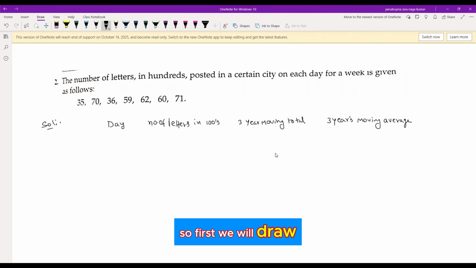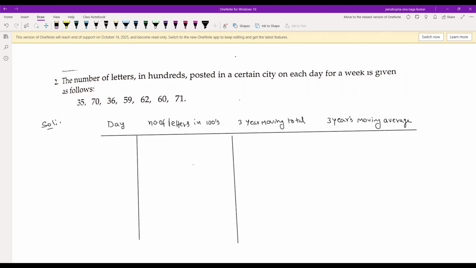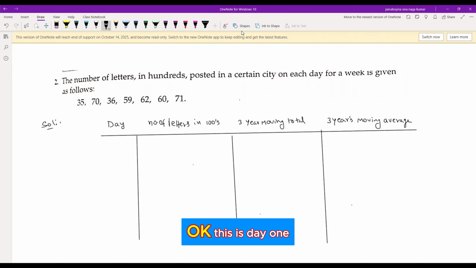So first we will write day 1. Okay, this is day 1.